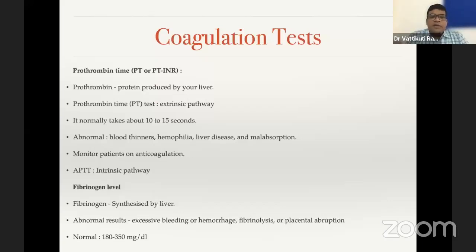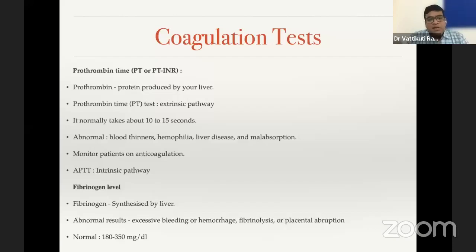Normal value of the prothrombin time is around 10 to 15 seconds, and it can be prolonged because of multiple reasons, like the patient is on blood thinners, be it warfarin, or patients with hemophilia, patients with liver disease, patients who have malabsorption syndrome, which is underproduction of vitamin K dependent factors in the liver, which can lead to prolonged PT. And this is also routinely done for all patients who are on anticoagulation, especially warfarin or coumarin derivative anticoagulation. For those patients, you routinely do PT-INR to monitor the coagulation status.